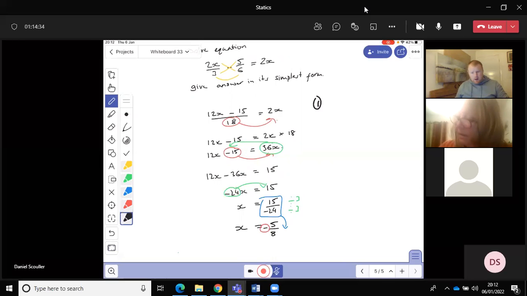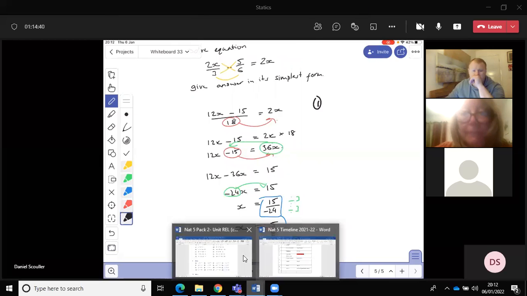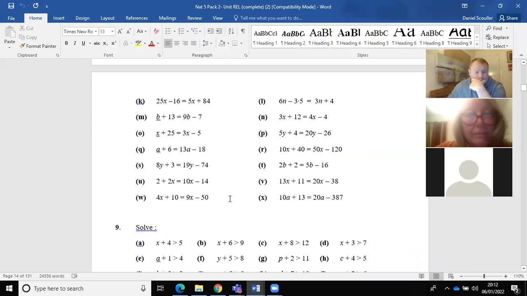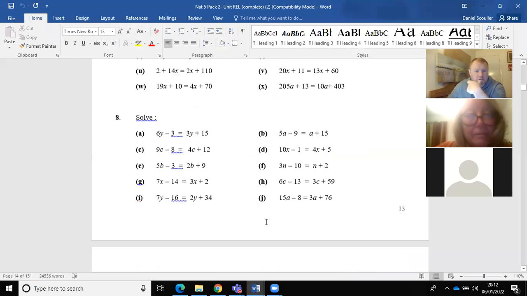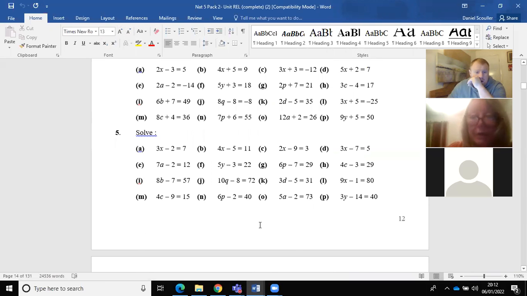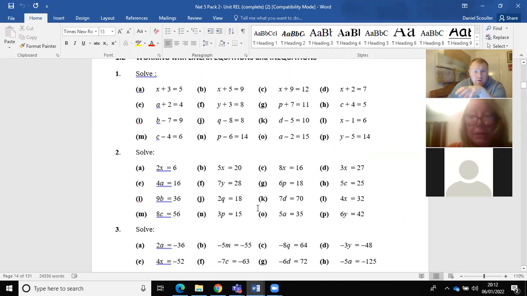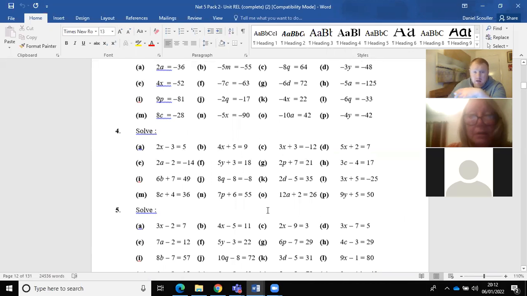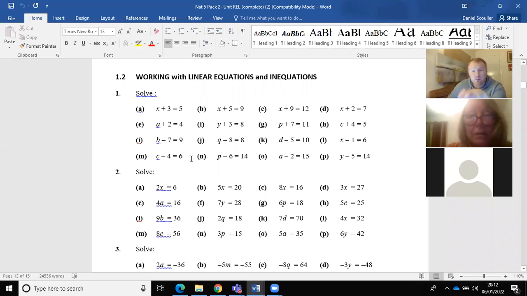I don't think this pack gives you any examples of using fractions, but it has come up in the last few years. So certainly have a wee look through those questions and make sure you're comfortable. Start right at question 1. Just make sure you're comfortable with moving things across.